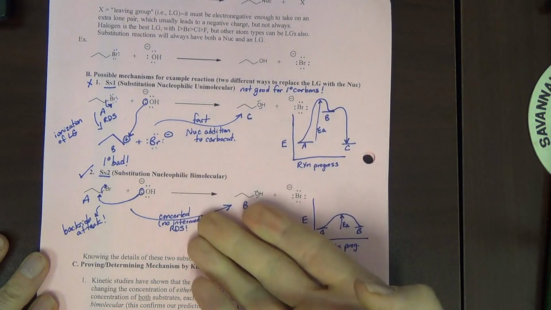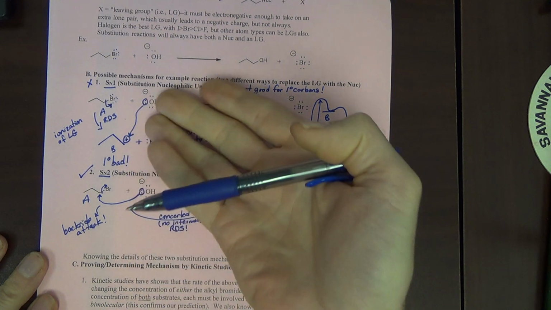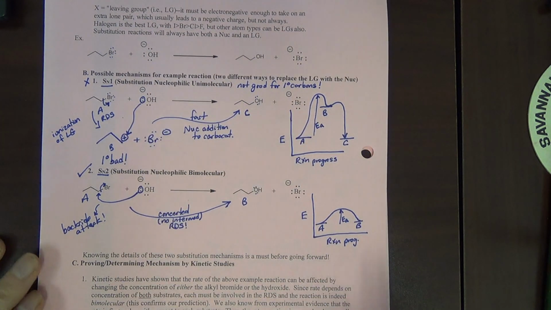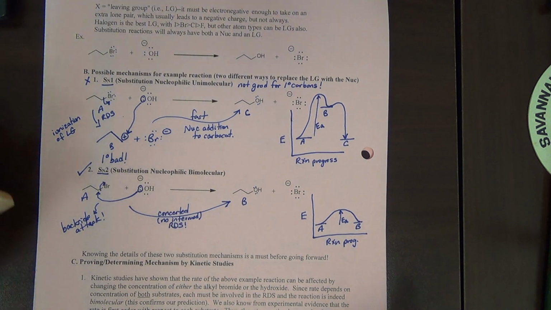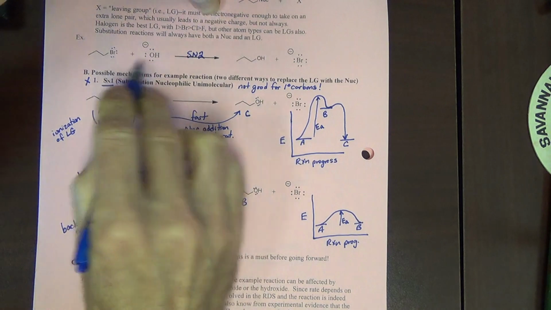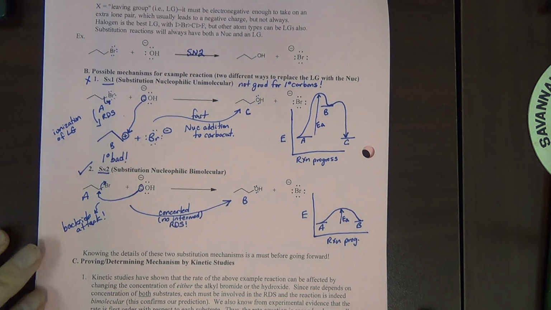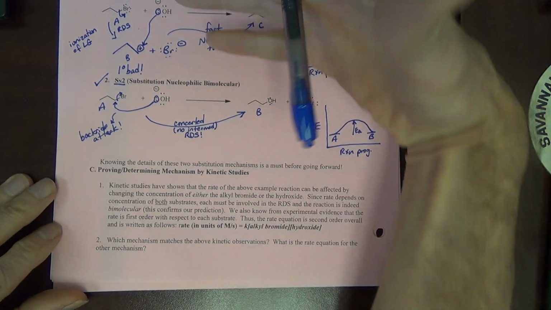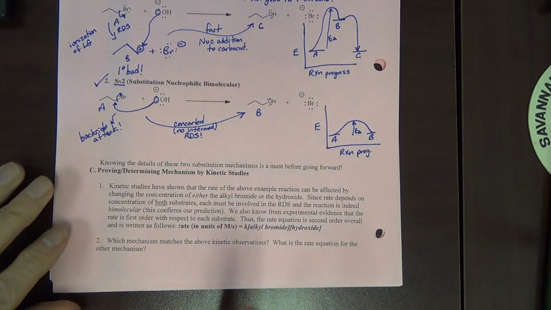I present them both at the outset, and we talk about the differences as we move along. That's the way I do it. This is an example of an SN2 reaction or SN2 mechanism.